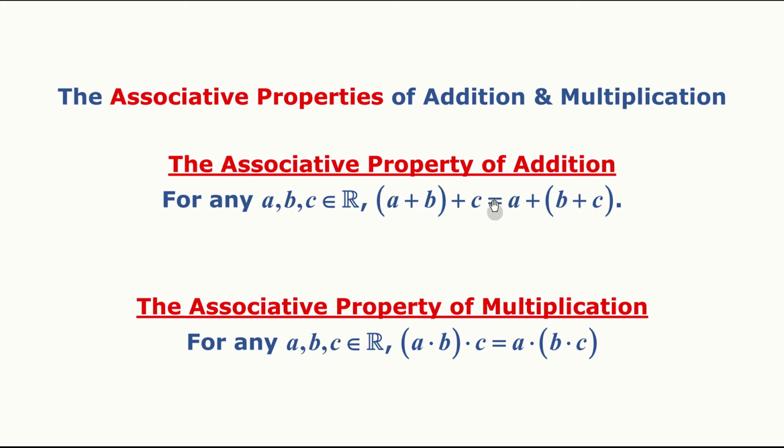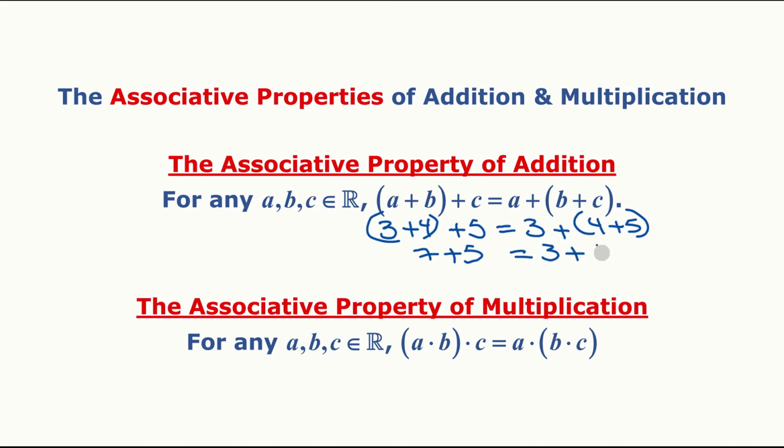For example, let's just look at a simple example like 3 plus 4 plus 5, right? Notice that if we do this like this, here we end up with 7 plus 5, and here we end up with 3 plus 9. Initially they look different, but look, they're both what? They're both 12, like that.